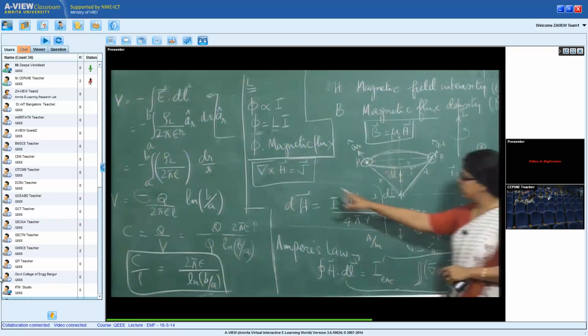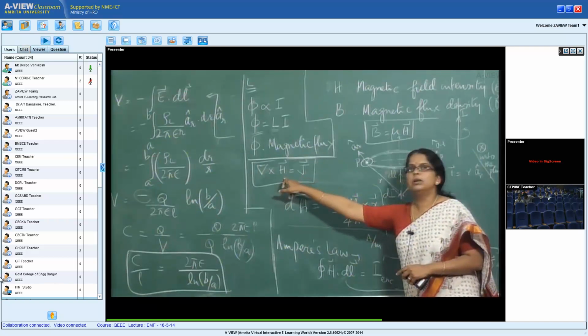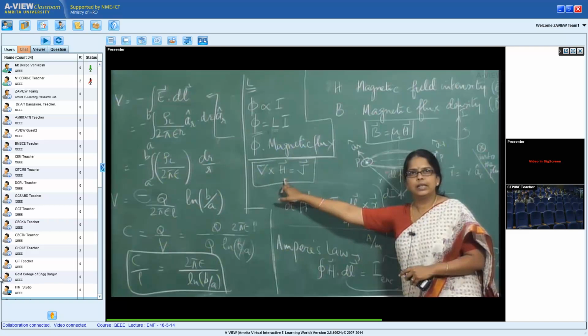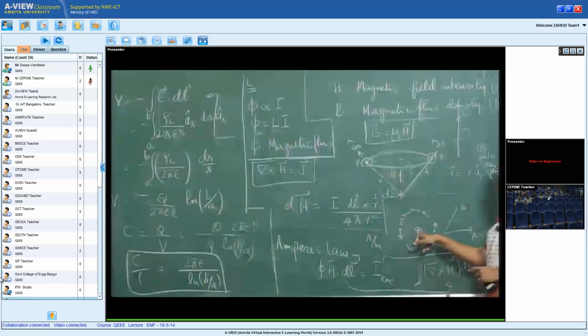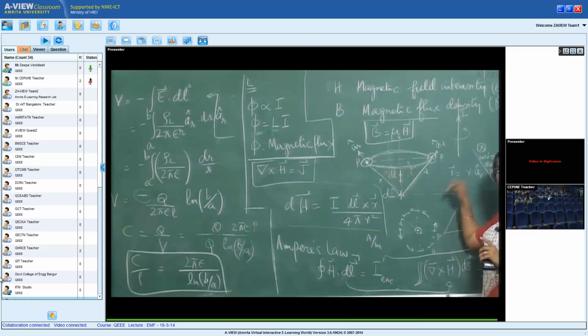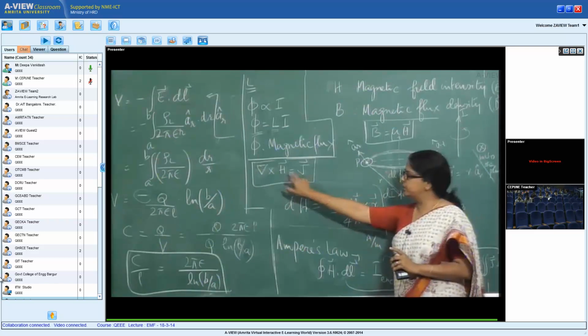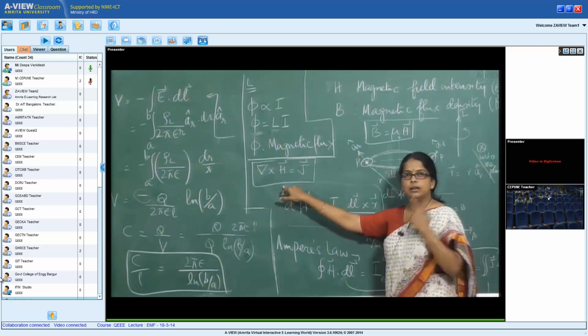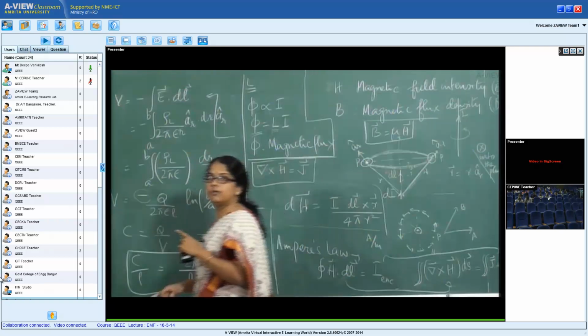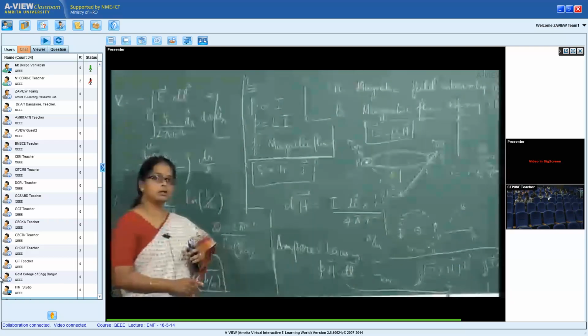So this is telling you exactly by how much the H vector is rotating. It is rotating by an amount equal to J. More is the J, more is the rotation. More is the current, more is the rotation. That's how you can intuitively understand or remember this last Maxwell's equation. Curl of H is J.